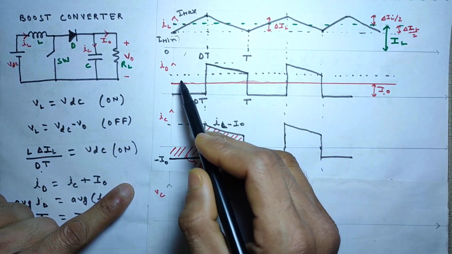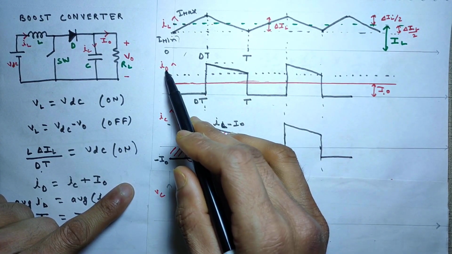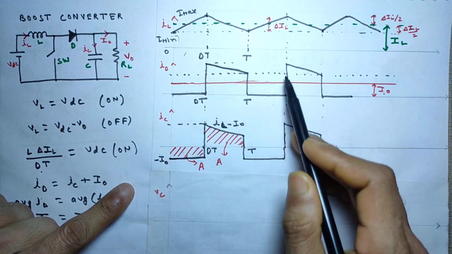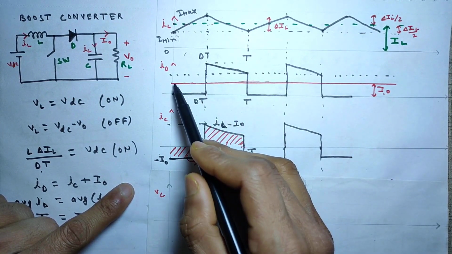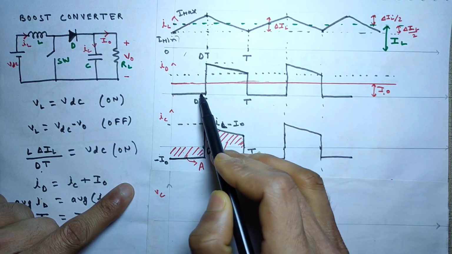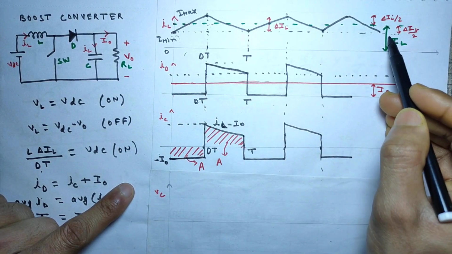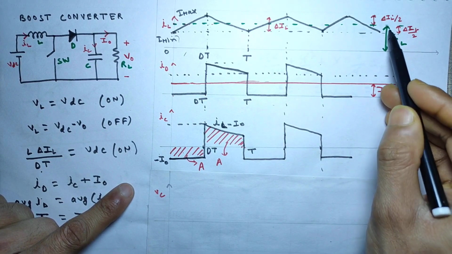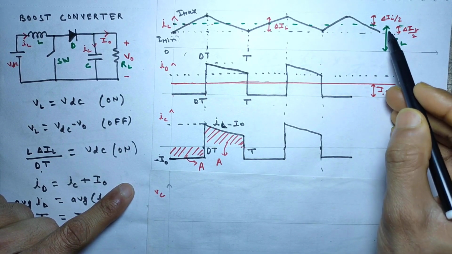Friends, what about the average of ID? ID is like this curve. So on average, this portion is not there, this portion is 0 here. So I naught will definitely be less than IL. IL average, I naught average will be definitely less than IL.